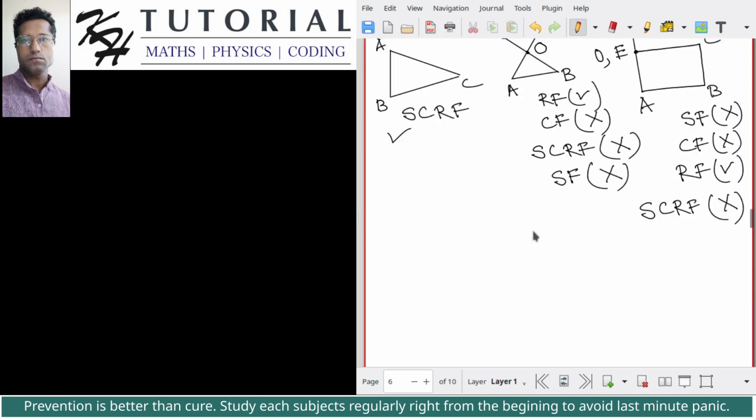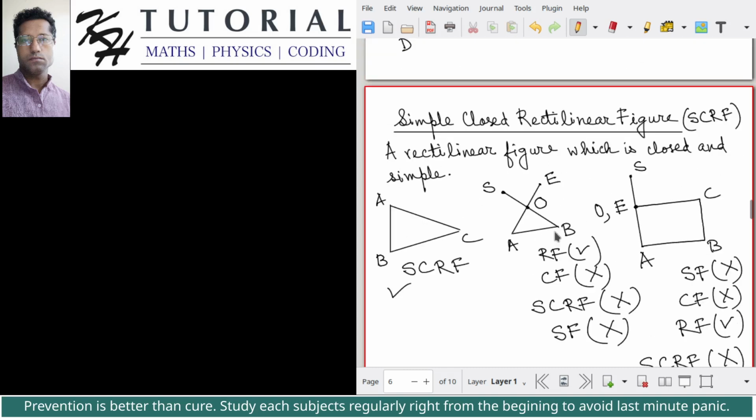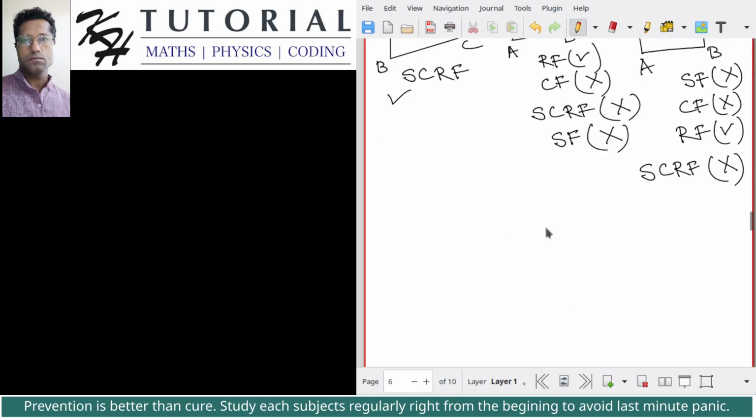Now let's quickly draw a few examples of a simple closed rectilinear figure. So this is a simple closed rectilinear figure.